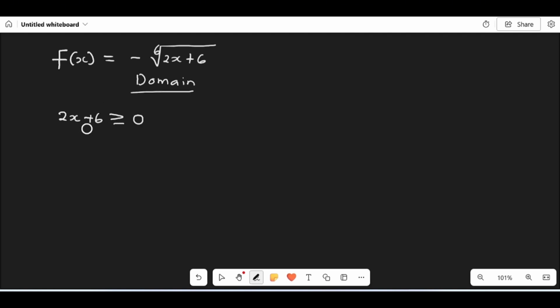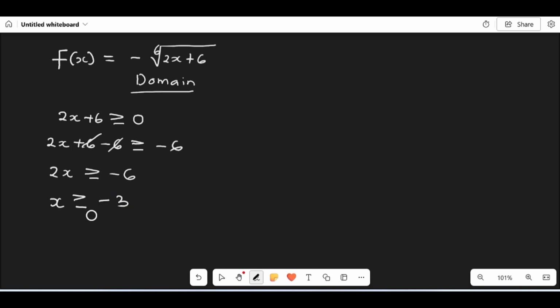Add minus 6 to both sides. We get 2x plus 6 minus 6 is greater than or equal to minus 6. This cancels this. 2x is greater than or equal to minus 6. Divide both sides by 2. x is greater than or equal to minus 3.